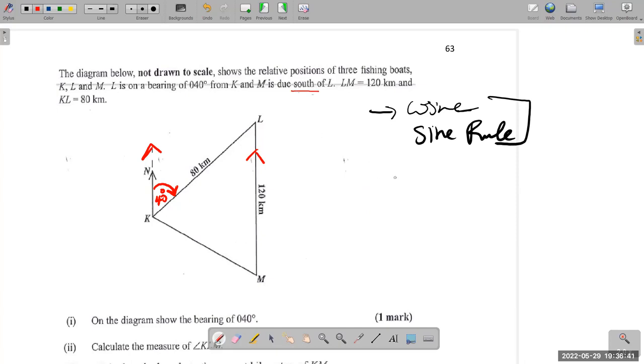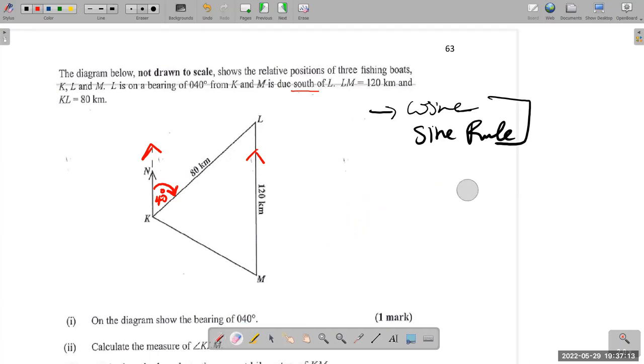Suppose they tell you east. If they tell you east, what angle would east represent? East is going to represent 90 degrees. Everybody talk to me. Because if this is east and south is straight down, south is how many degrees? 180. And west, you have to go all the way around. West would be what? 270. Okay, keep these things in mind.